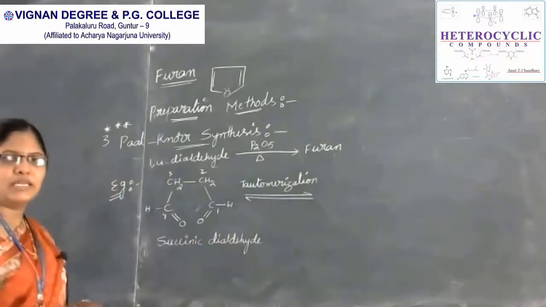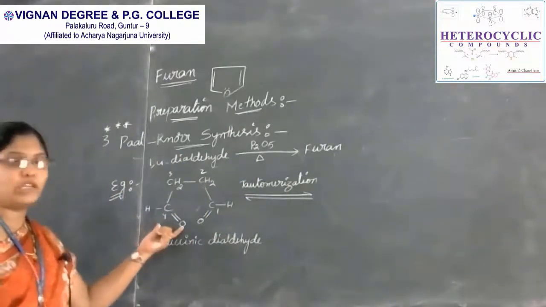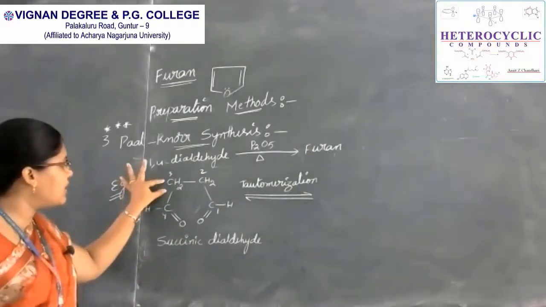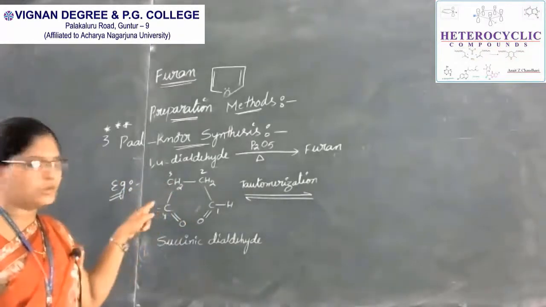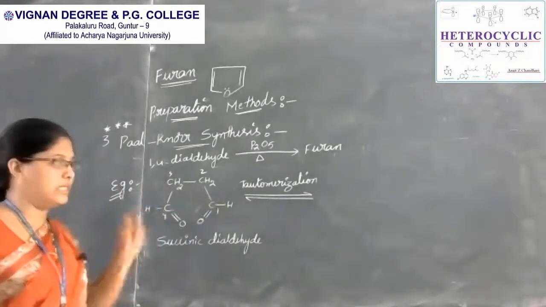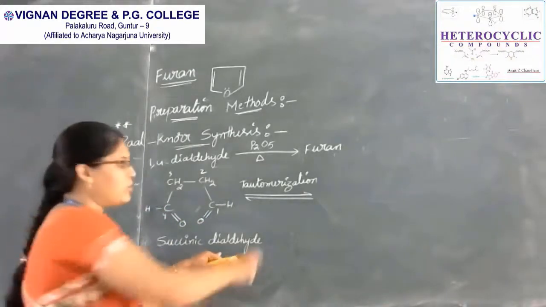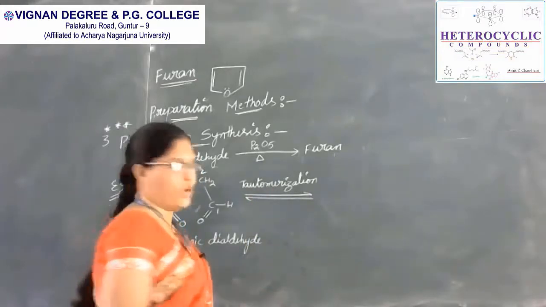Tautomerism means a simple transfer of proton in intramolecular fashion. That means the proton transfer takes place within the molecule, so it is called tautomerization. This succinic dialdehyde under tautomerization is converted into dienediol.